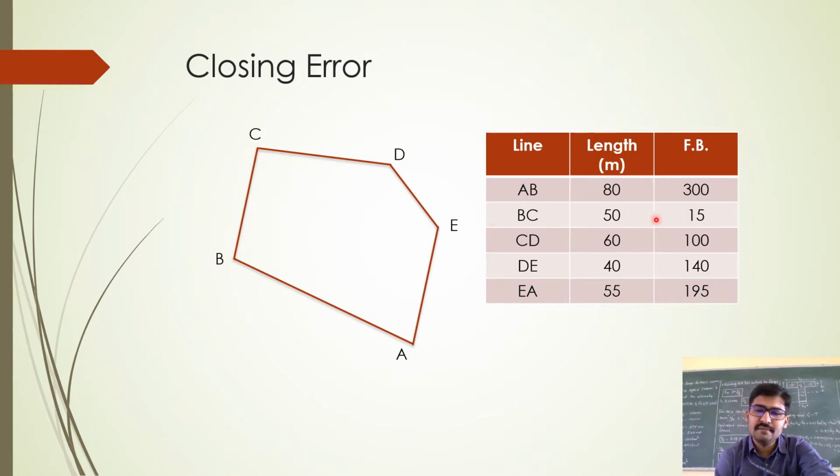So the bearing of line BC is 15 degrees, right? Similarly CD has 100 degrees, DE has 140 and EA has 195 degrees as the bearing of the lines. So I have the observations made in the field, right?